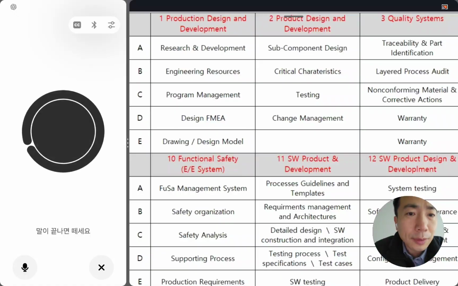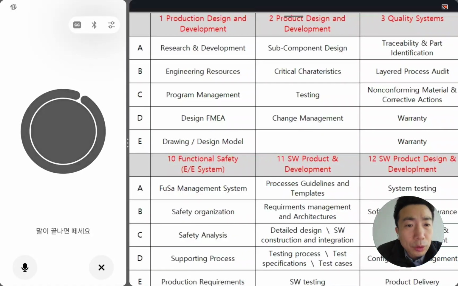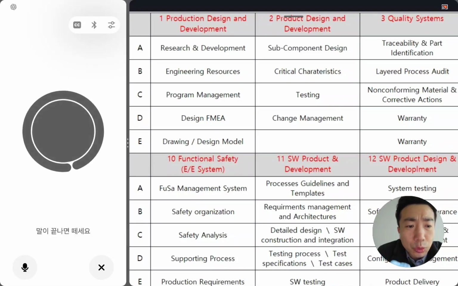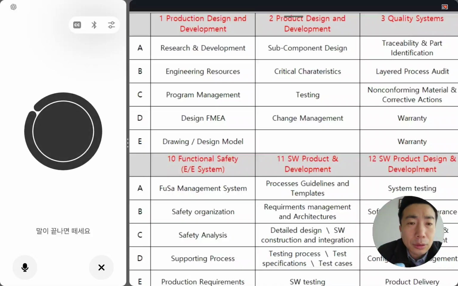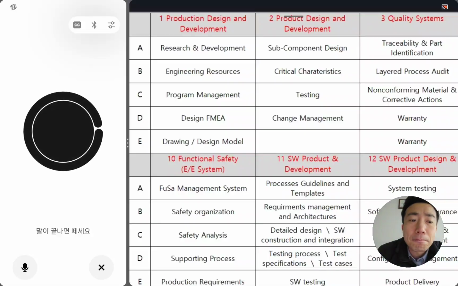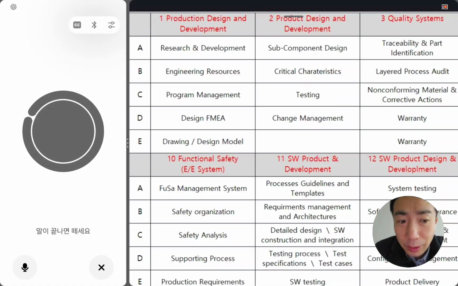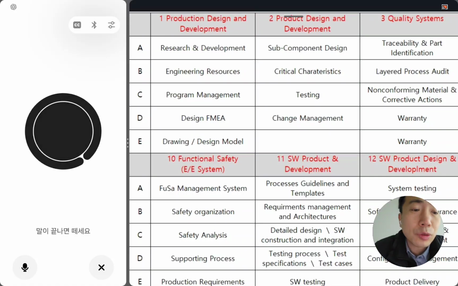There is just one word: testing. So I'm not sure what they want to ask, what they want to check, what they want to assess for our company. In my guess, it may be all about reliability testing. What do you say about this?